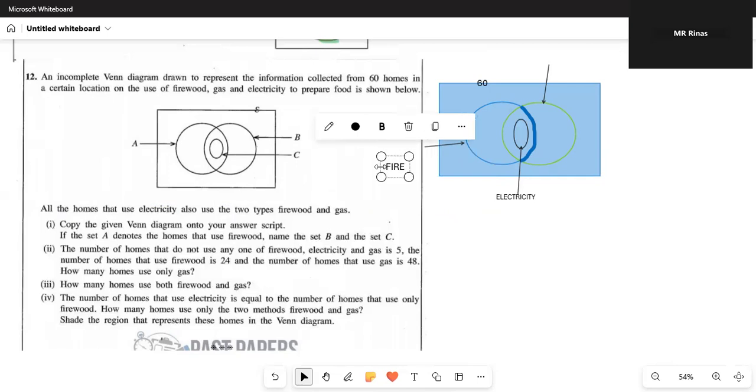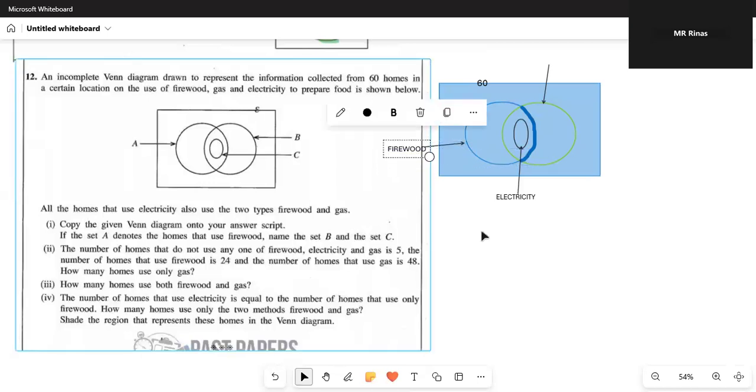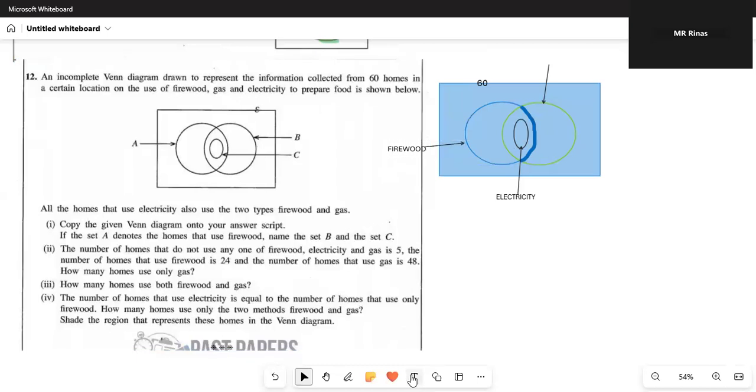So firewood, then we know what is the rest. Right? So next one will be then gas. So the green circle is for gas.